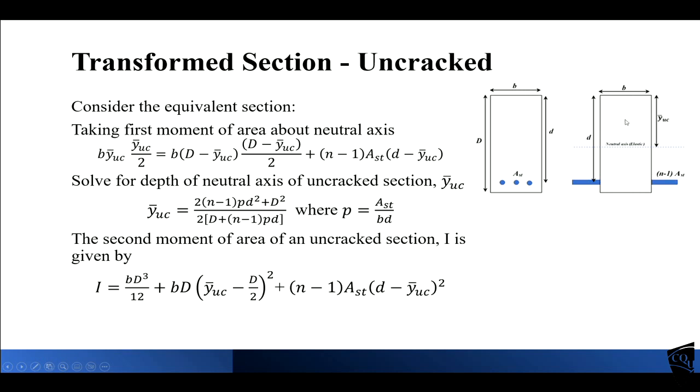The whole section is made of concrete. It is not a symmetric section because here we have more area, so our centroid will be somewhere here, not in the middle. If it were rectangular, it would be in the middle, but it is not a rectangle. It's a little bit odd shape. So our neutral axis, or the centroid, will be here.